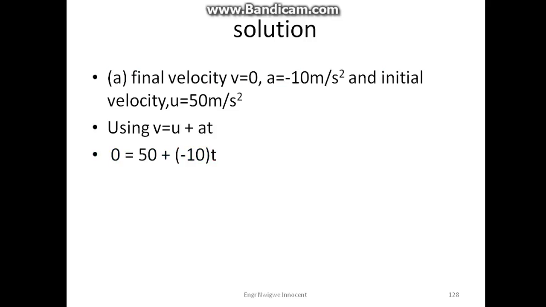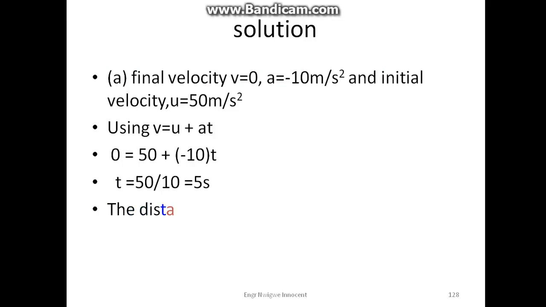Substituting the values, we now have 0 equals 50 plus in bracket minus 10 times t. Making t the subject of the formula, we now have 50 over 10, which gives us 5 seconds.